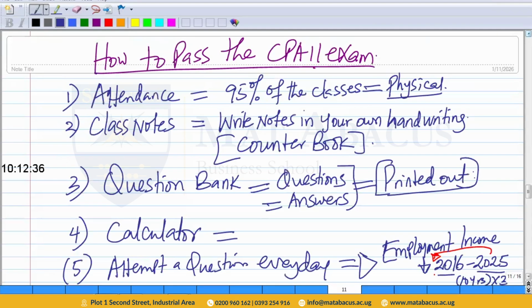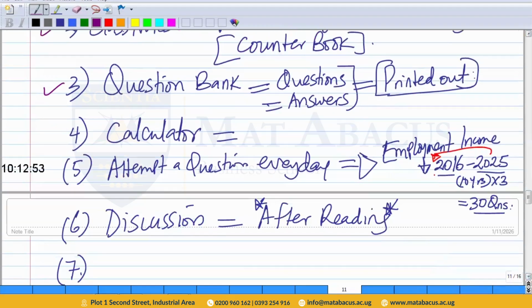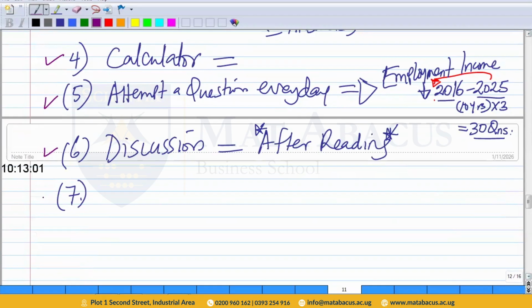If you handle this, most importantly, number one and two: attending classes, making sure you have notes, the question bank, and a calculator, attempting a question every day, attending discussions, and then the next thing is asking in class and after classes.